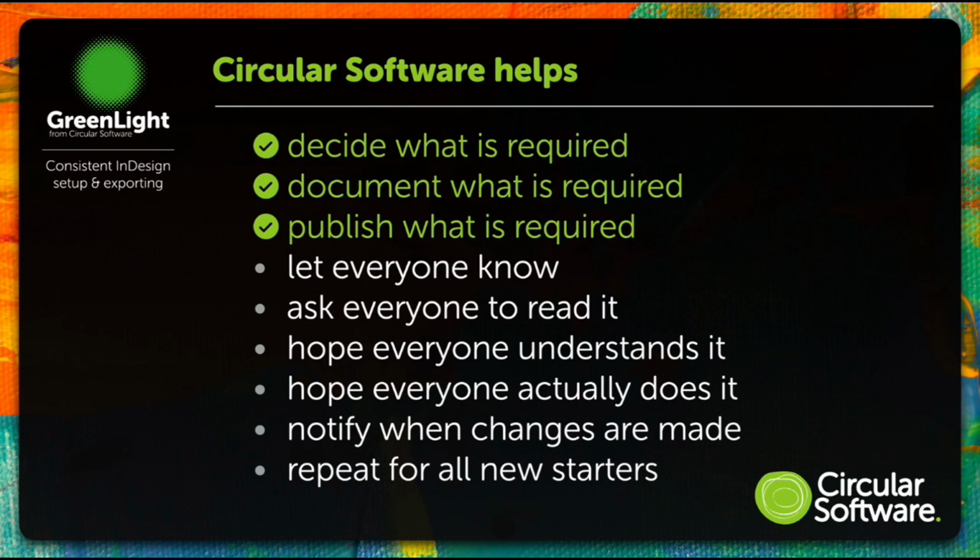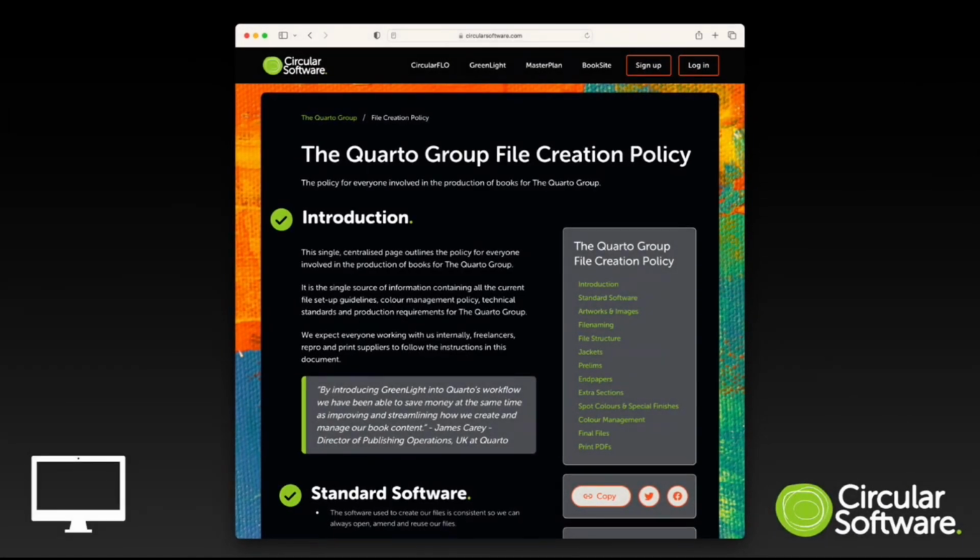Circular Software can offer consultation, so we can help you decide what it is that's required and help write up that in a file creation policy, and we can put that somewhere centrally on our website, and that really helps with just having the up-to-date latest information in one place. Here's an example.